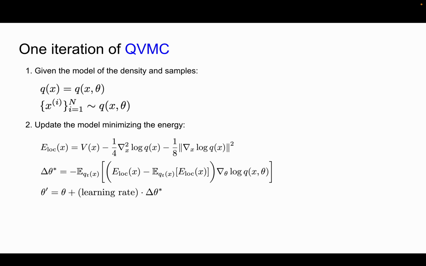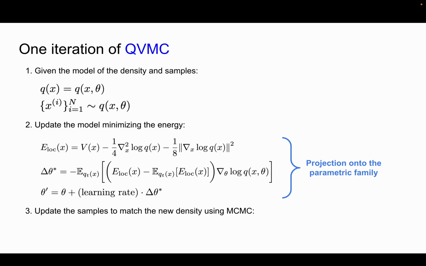Of course, these three steps are the projection onto the parametric family, onto our parametric manifold. And once we get new parameters theta prime, we will update our samples using Markov chain Monte Carlo algorithms to sample from the new model density, q of x theta prime.